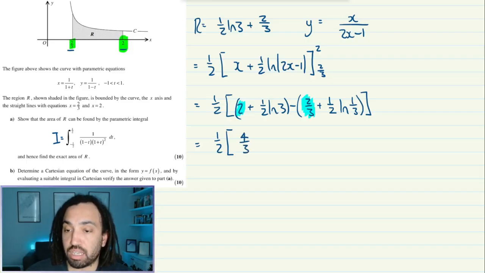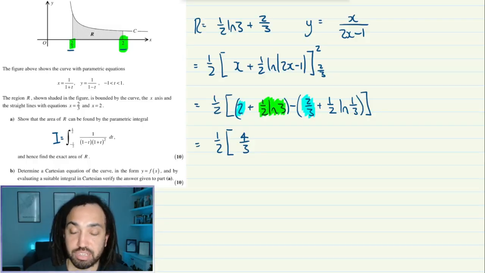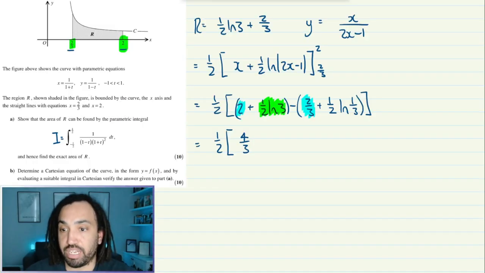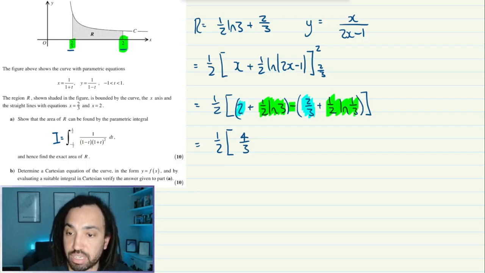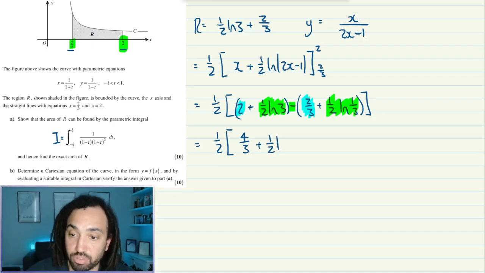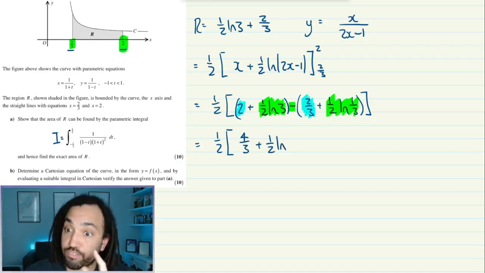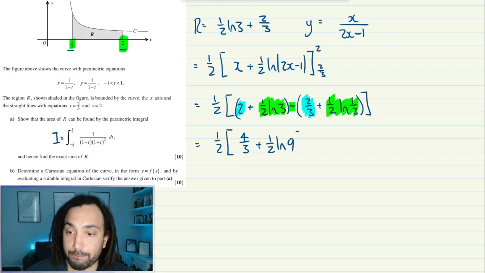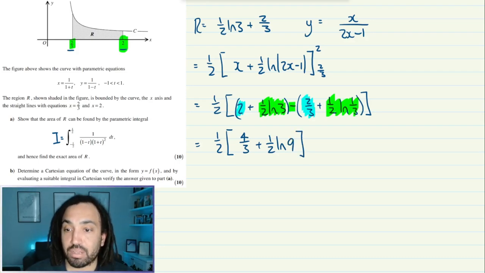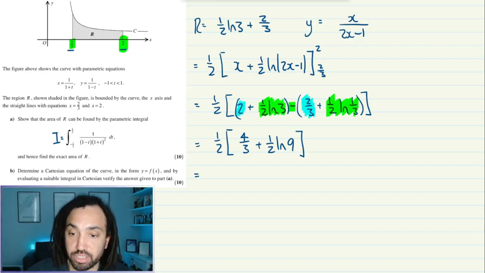And then I have, again, because we've got the same coefficient outside, this half ln 3 minus a half ln 1/3. I can write that as a half of ln and then 3 divided by 1/3, which is 9. Okay, this is looking good.